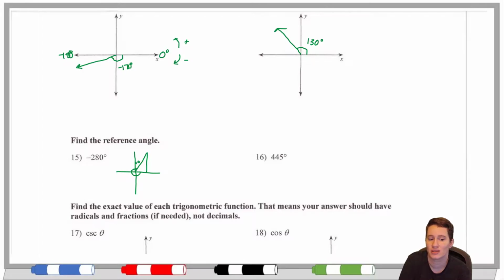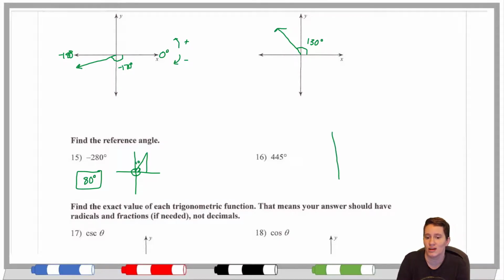Remember, the reference angle is this angle inside the triangle that we get when we draw up or down to the x-axis. So since we were 10 on that side and it has to add up to be 90, that would be 80 degrees for this reference angle. There's probably other ways you can come up with that answer, but that's my process that I go through.